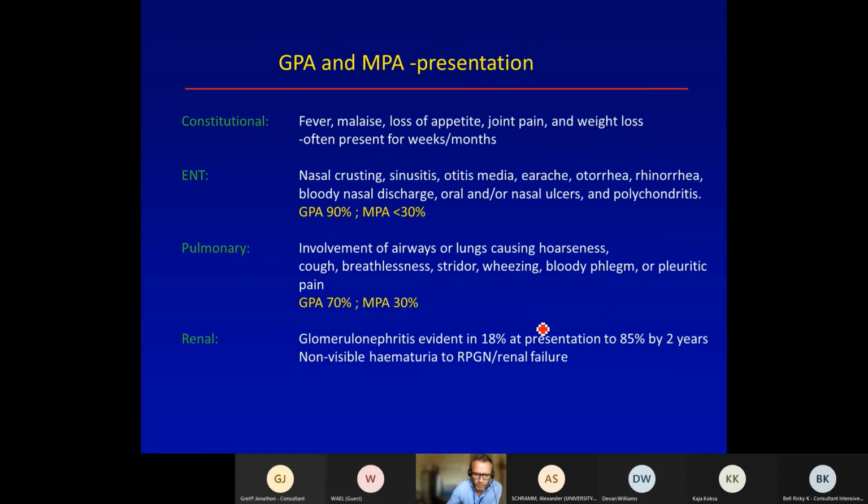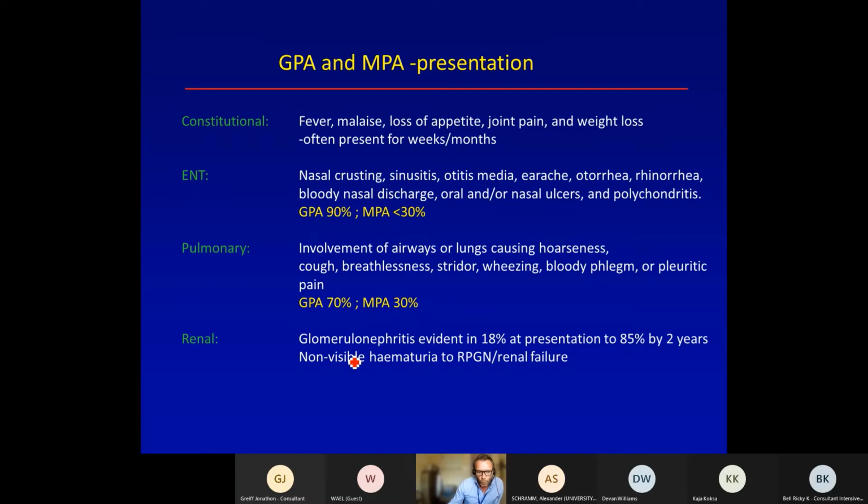Kidney involvement is incredibly common, which is why we as nephrologists get involved in its management. Most patients with ANCA-associated vasculitis will have some form of renal involvement by 2 years after presentation. That can vary enormously from very aggressive renal disease causing renal failure to the presence of non-visible hematuria.